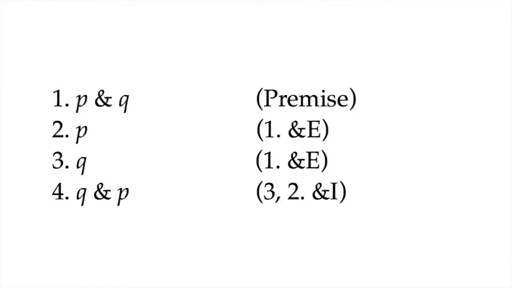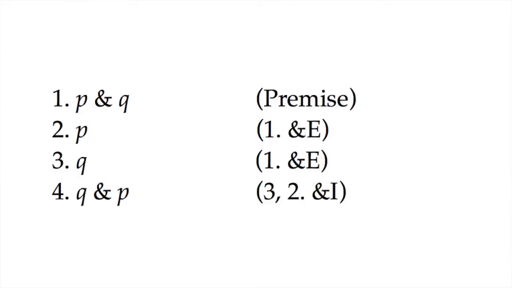The and elimination rule says that P and Q proves P. So line 1 says P and Q. On line 2, I've written down P, the thing that line 1 proves, and the rule that I've used to prove it. Line 3, Q. And again, I got that from line 1 using my and elimination rule.